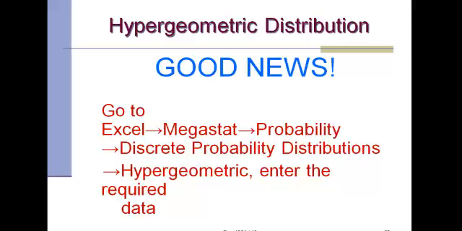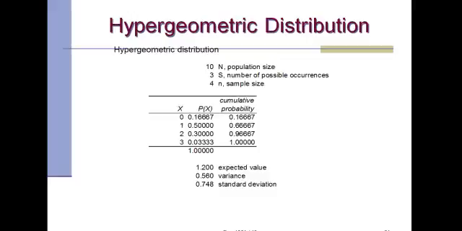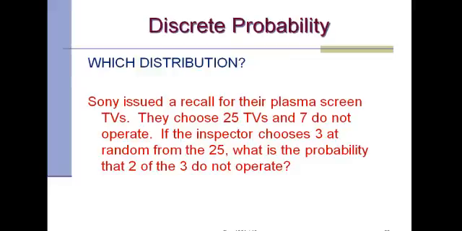Once you enter those three values and get your hypergeometric output, then you can answer the question for what is the probability of 0 through any value of x, any variable value of x. Okay, so there was my hypergeometric distribution. We've already looked at that in Megastat.